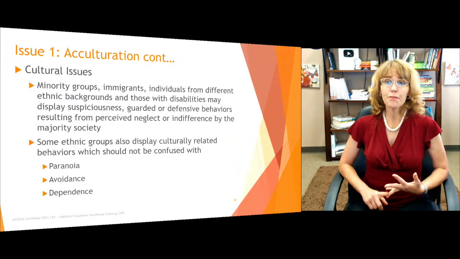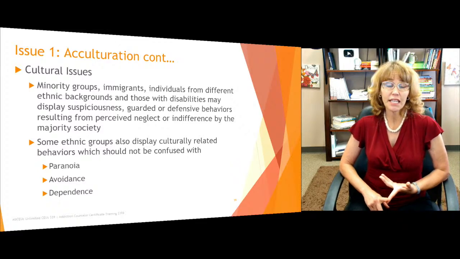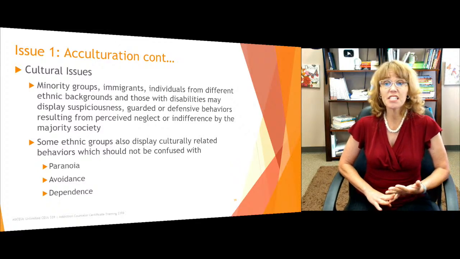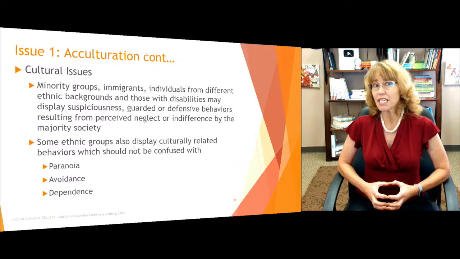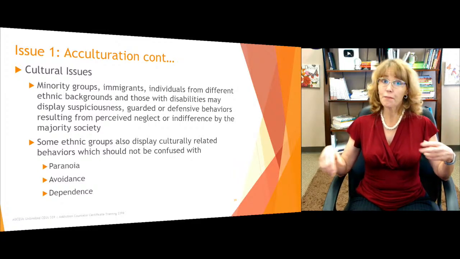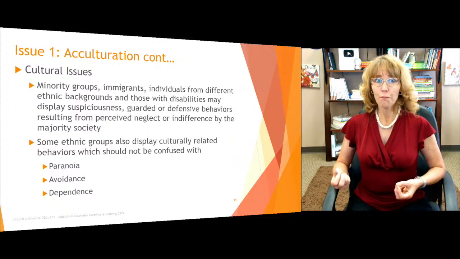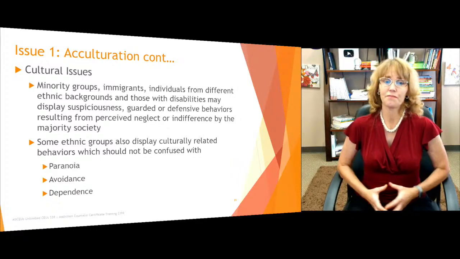Minority groups, immigrants, individuals from different ethnic backgrounds, and people with disabilities may display suspiciousness, guarded or defensive behaviors resulting from perceived neglect or indifference by the majority society. And I say perceived, not because they didn't experience it, but because they experienced it and they felt it, they perceived it.